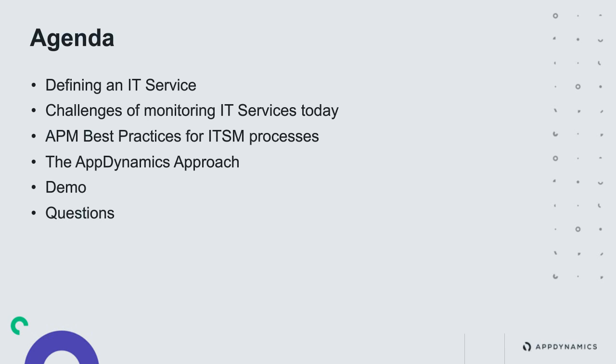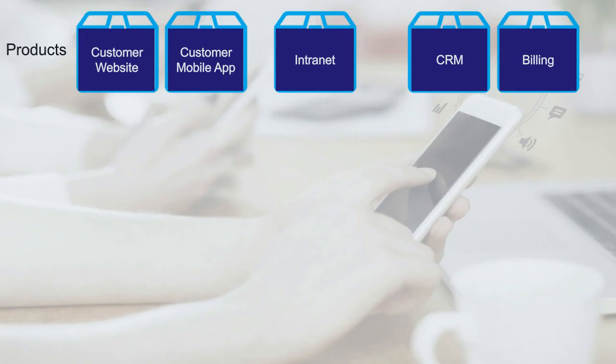So firstly, let's define what we mean by an IT service in today's enterprise. And in order to do this, I'm going to provide a very simple perspective in regards to this. I'm going to align some of the terminology around the ITIL version 3 framework. So in enterprise IT today, we're responsible for delivering a number of products, both internally to employees and also externally to customers.